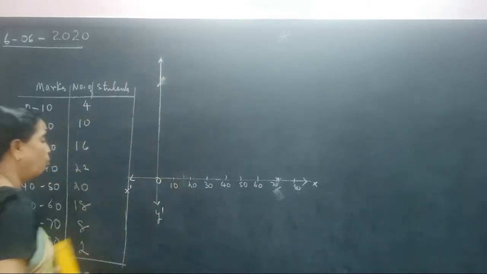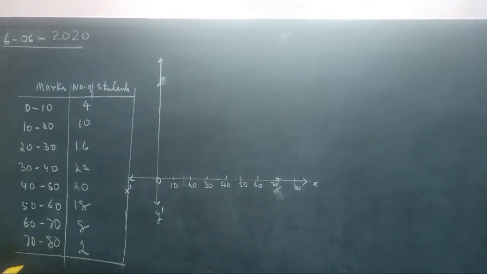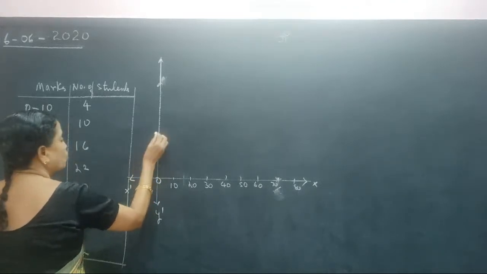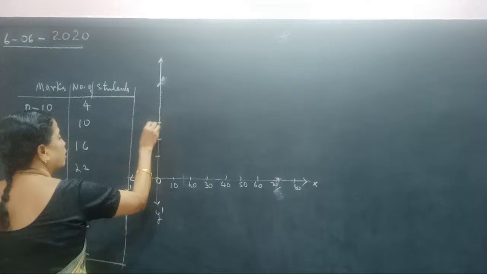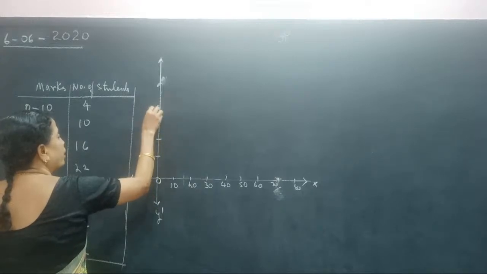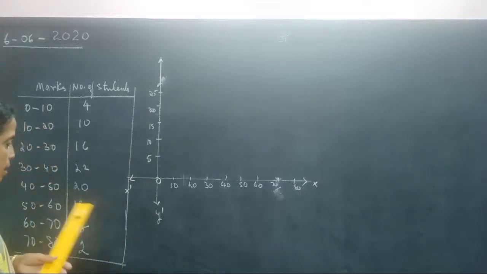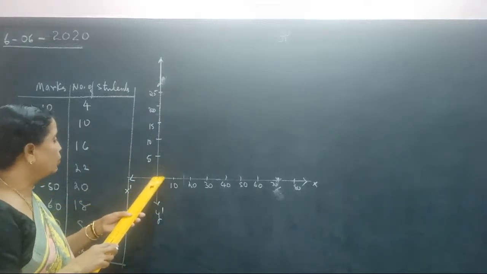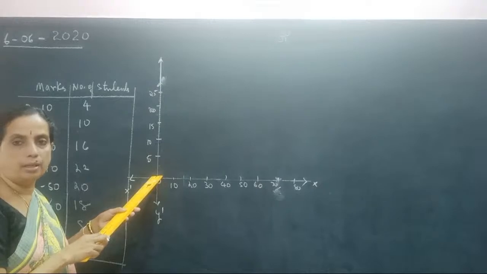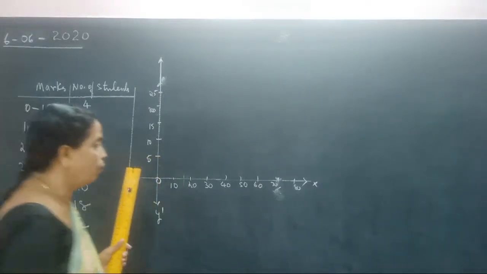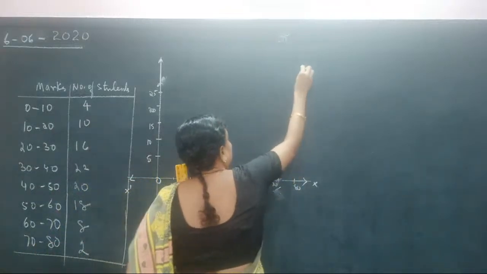So better go with a wider way, either multiples of 2 or multiples of 5. 1 unit equals 5 students: 5, 10, 15, 20, 25. Every 2 divisions you will get 1 student, and 10 divisions you will get 5 students. Now write up the scale here.